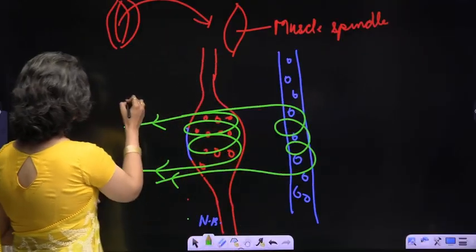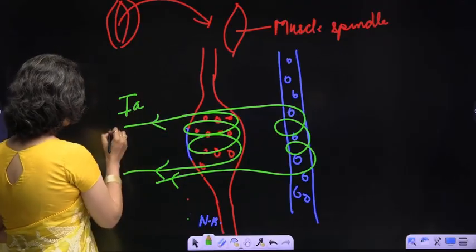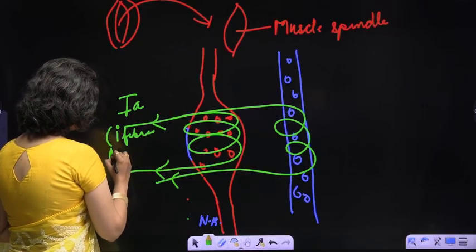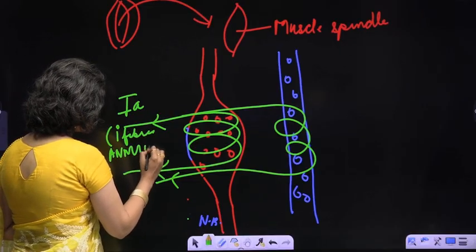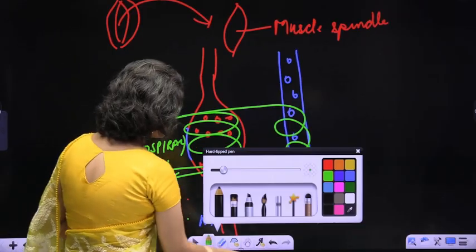So that is about type 1A fibers. Another name for these fibers is primary fibers or annulospiral endings.